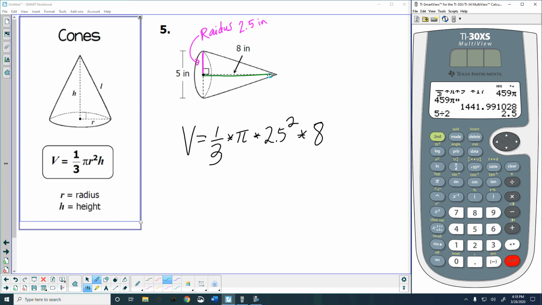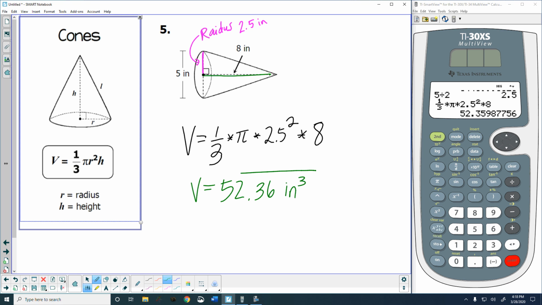All right, so put that into the calculator: 1/3 times pi radius squared, and then multiply by height, 8. Okay, so we get a volume of 52.36, and that would be inches to the third power.